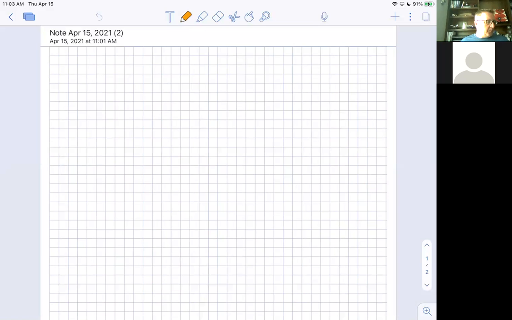If you look at your note sheet, yesterday we looked at the 13.4 section. We looked at linear motion.